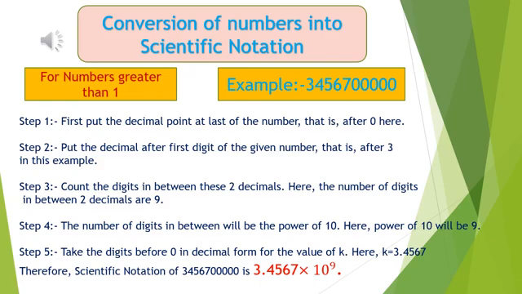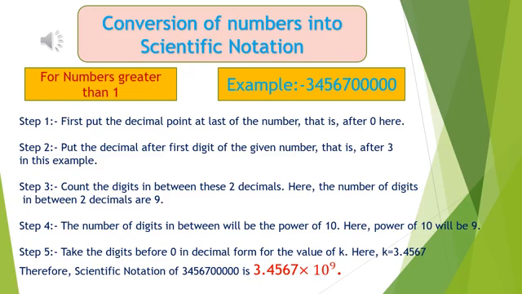How many digits is it? 9 digits. So step number 4 says the number of digits in between these decimals will be the power of 10. It means your value of n will be 9.